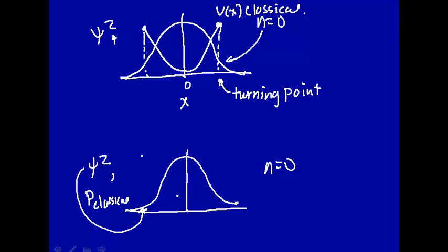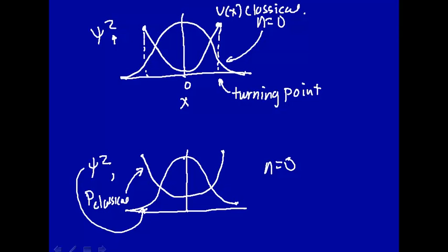So where it's going fast here, it'd be less likely to find the particle than when it's actually stopped up here and turns around. So for a classical oscillator, the probability distribution would be something like this, where you're least likely to find it here and most likely to find it up there.